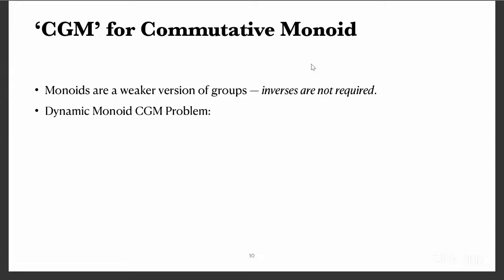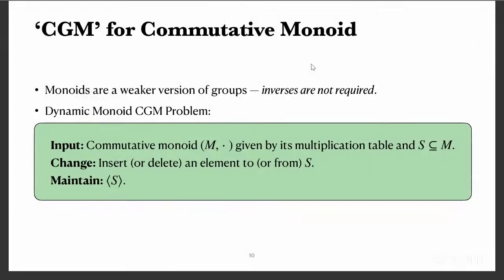So how do we solve the dynamic monoid problem, and what is it? You are just given a monoid M and a set S, and you want to know what is the submonoid of M which is spanned by S. You take all the products and so on. You want to know whether a particular element is there, or what the entire submonoid spanned by S is.